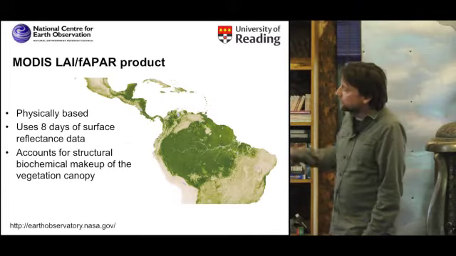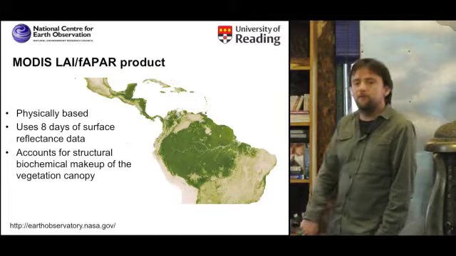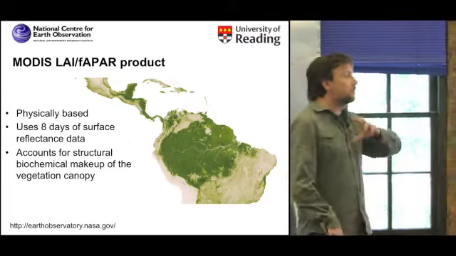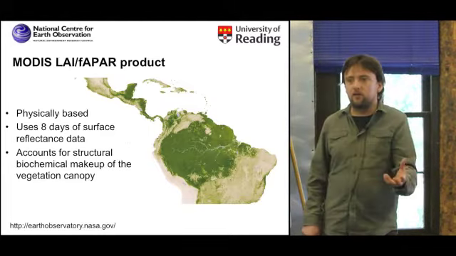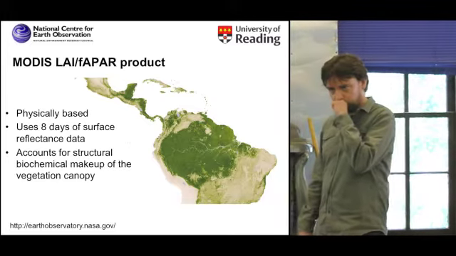So this is an example of the MODIS leaf area index and fraction of absorbed photosynthetic active radiation product over South America, the northern half of South America. It's a physically based algorithm, by which I mean it has all the scattering laws that I described earlier that you would need to represent the remote sensing signal.